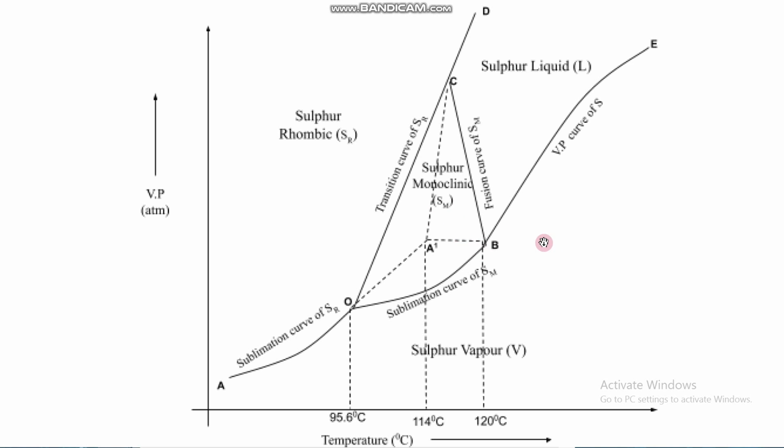This metastable equilibrium will exist between sulfur liquid and sulfur vapor. So this is shown in the graph. Then A dash C represents metastable equilibrium between sulfur rhombic and sulfur liquid. This metastable equilibrium is only imaginary, it does not exist.